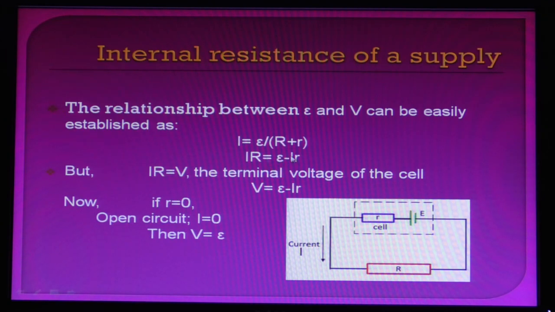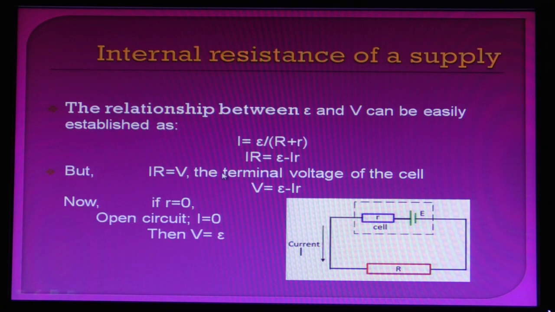By cross multiplication and simplification, we get IR is equal to epsilon minus I into r. We have rearranged it because IR, the product of current and R from Ohm's law, gives the voltage V, that is the potential difference.